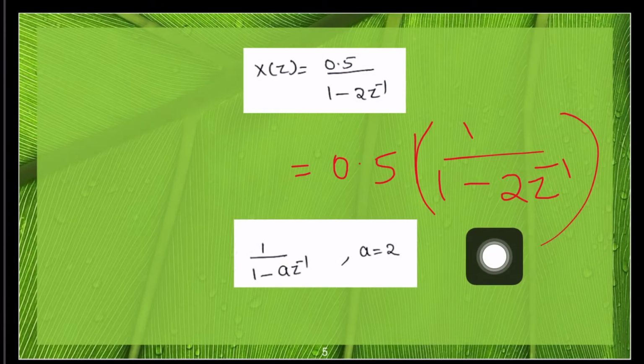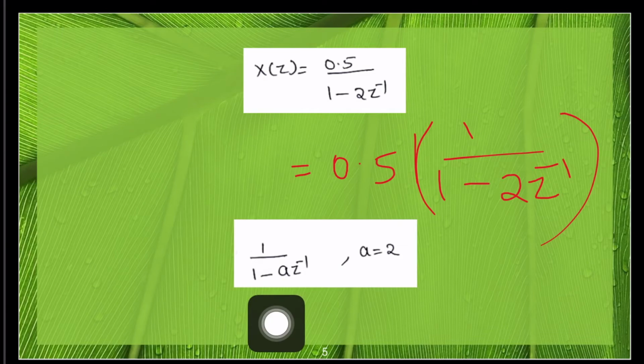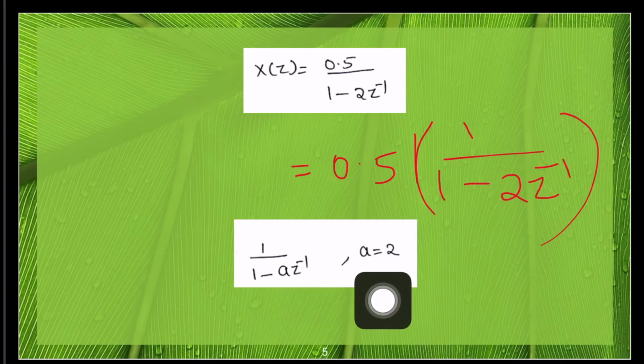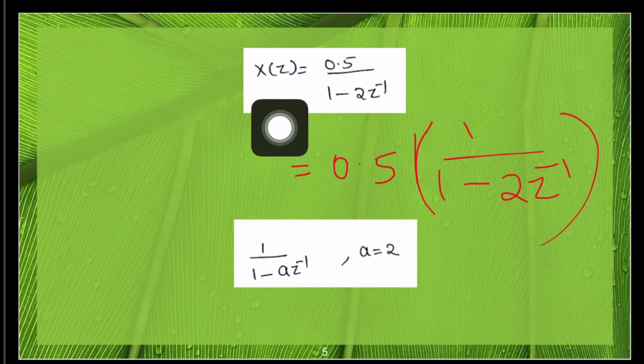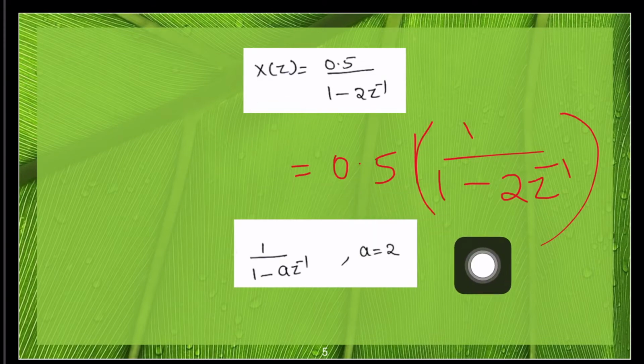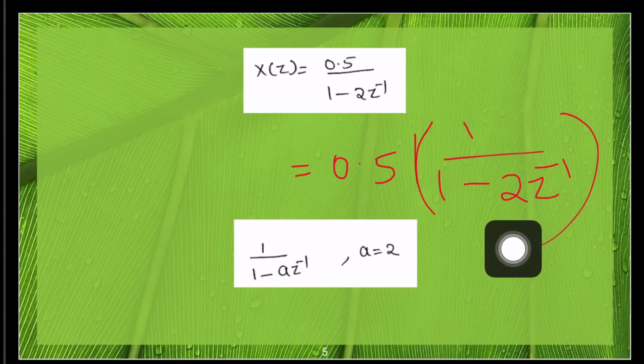This term is in the form of 1 by 1 minus a z raised to minus 1, where a is equal to 2. Now we are going to find the inverse Z transform of this X of z. Since this is a constant, we have to concentrate only on the second term, that is 1 by 1 minus 2z raised to minus 1.